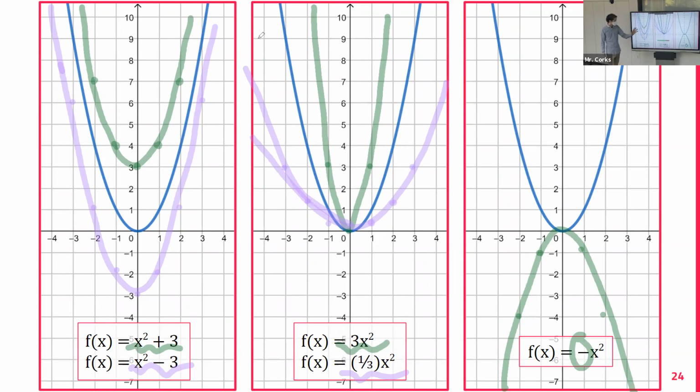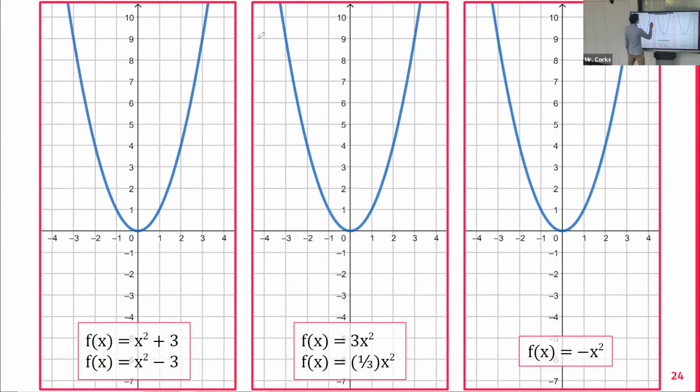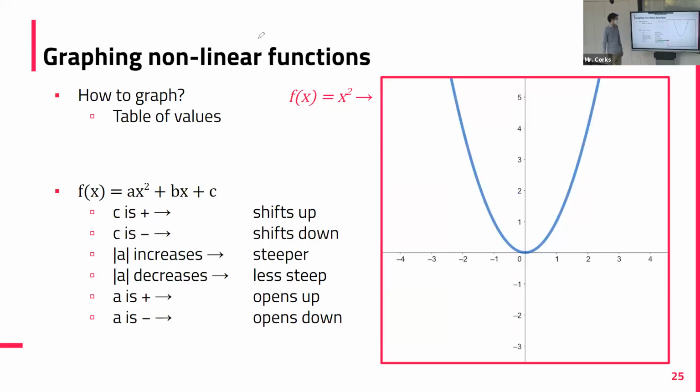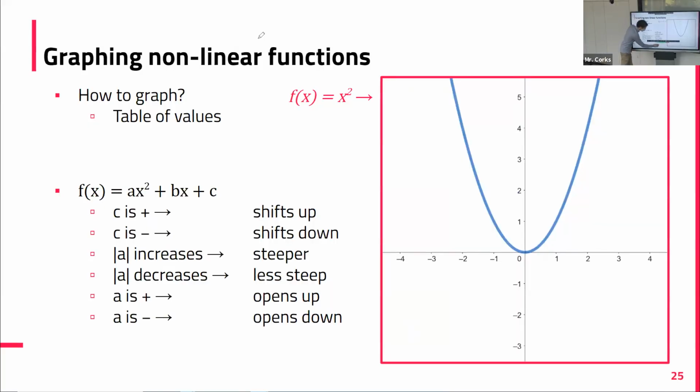So there are more ways that these can be manipulated, and things that could be flipped in different directions. I'm not going to worry too much about that, but these three types, which I have summarized here. So if our C value, with the standard form ax squared plus bx plus c, is positive, the whole thing just gets shifted upward, slides upward.